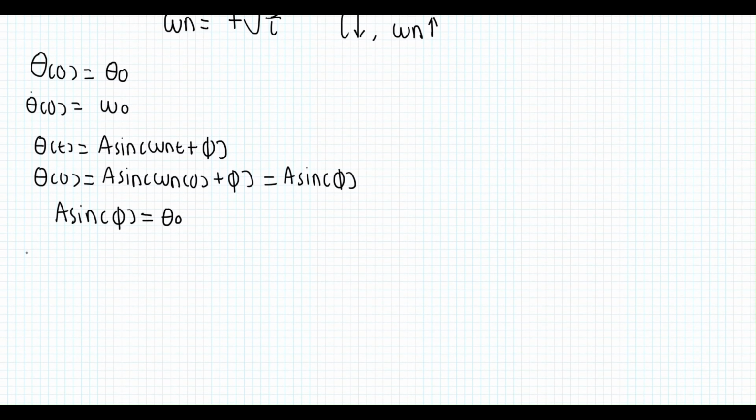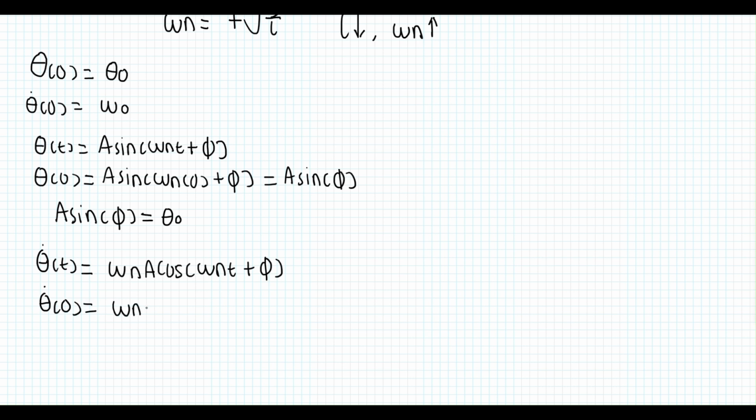Now, the derivative of theta with respect to time is going to be omega n a cosine omega nt plus phi. At time t equals 0, that derivative is equal to omega n a cosine of phi.